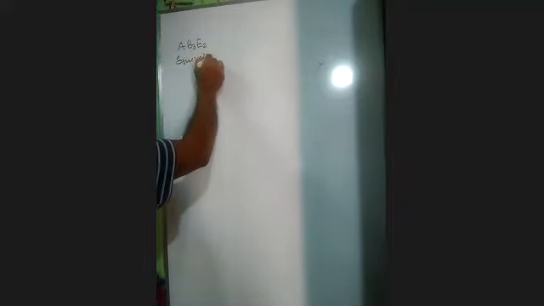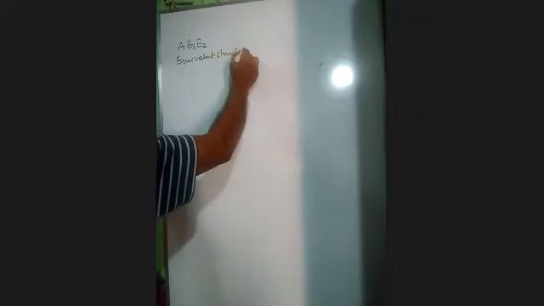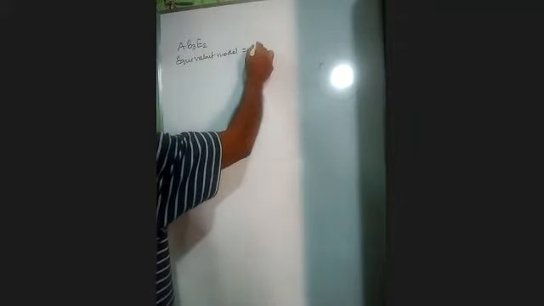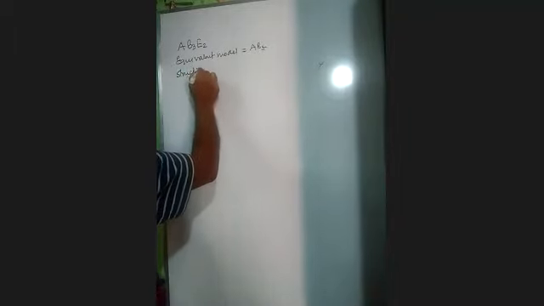B3E2. Okay, what is the equivalent structure? Same only, AB5. Equivalent model is what? AB5. Immediately think. So what is the structure of AB5?